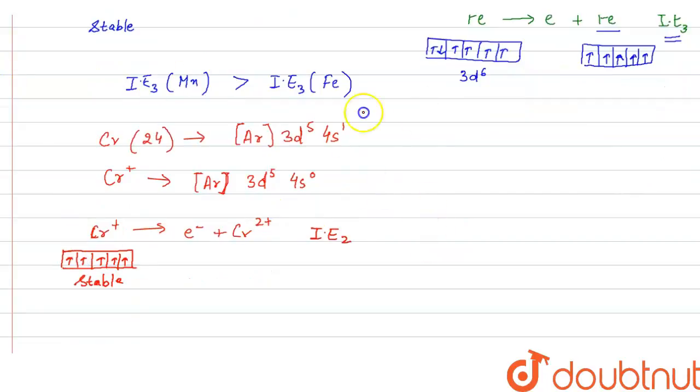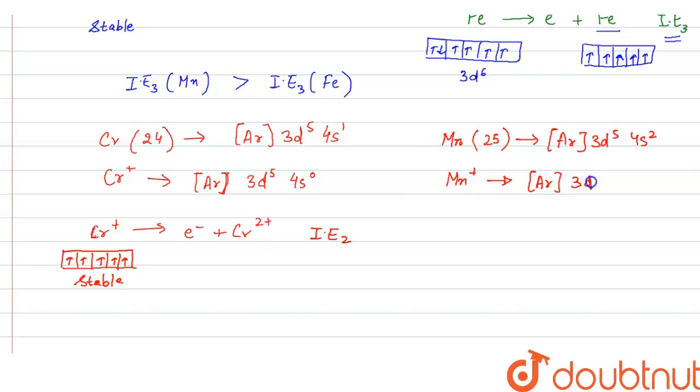Now if we see manganese, the atomic number of manganese is 25 and its configuration is argon 3d5 4s2. When it loses one electron, it forms Mn+ with configuration argon 3d5 4s1. So the outermost electron will be lost from the 4s orbital.